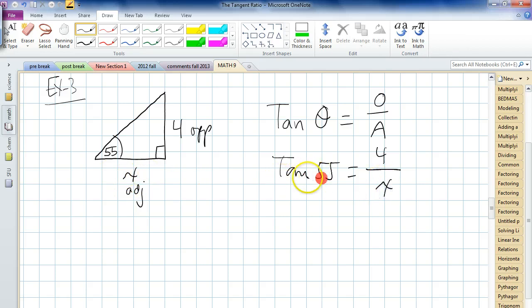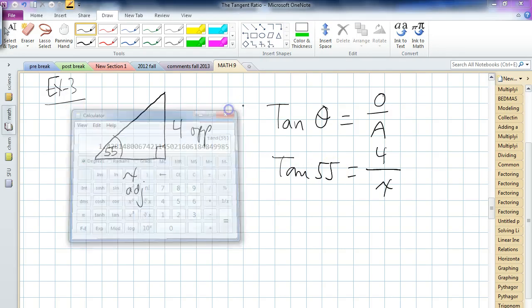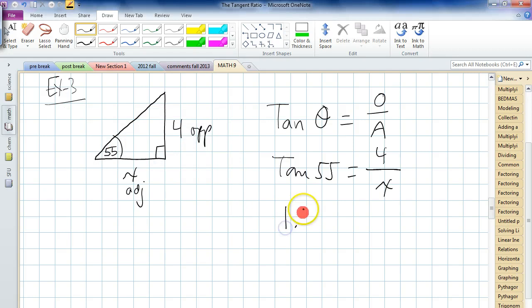Okay, well, let's get rid of this tan 55. Let's figure out what tan 55 is. 55 tan gives you 1.43. 1.43 equals 4 over x. Now, at this point, I think I've shown this to you in the past.